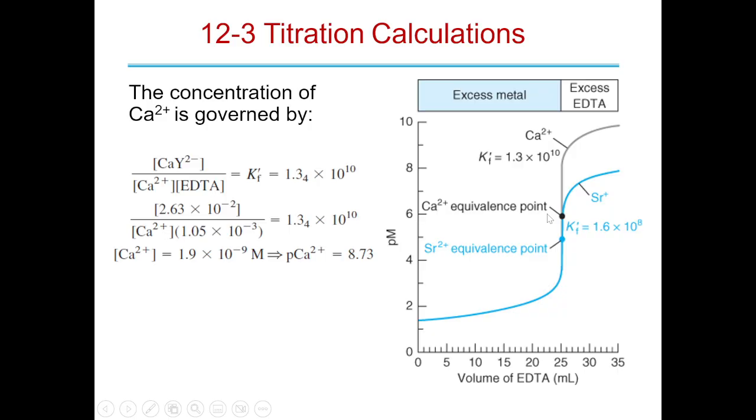Okay. Notice that these graphs, just like the acid-base ones, this equivalence point depends on your KF. So if you have a smaller KF, this equivalence point will go down. And this equivalence point going down means that this comes off at a lower level. See that?